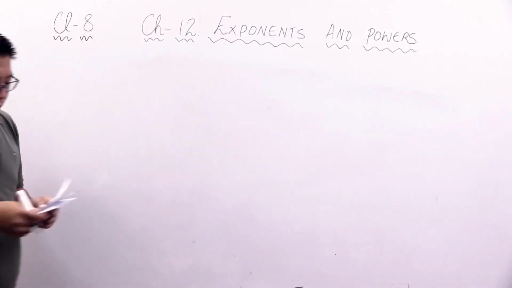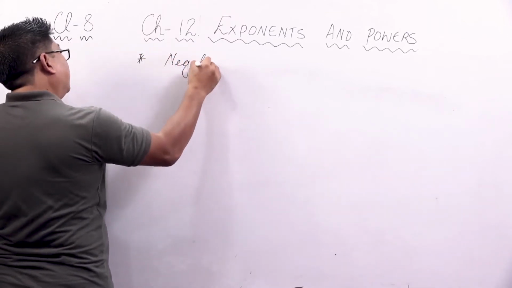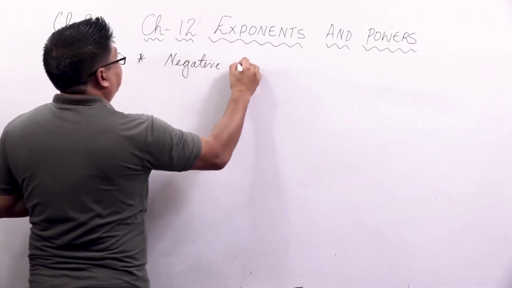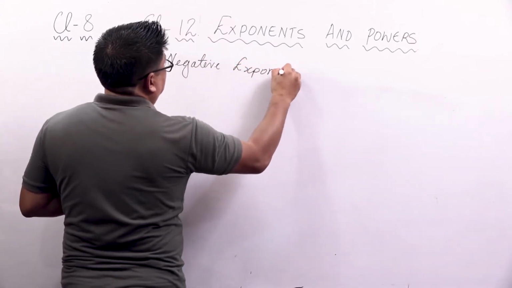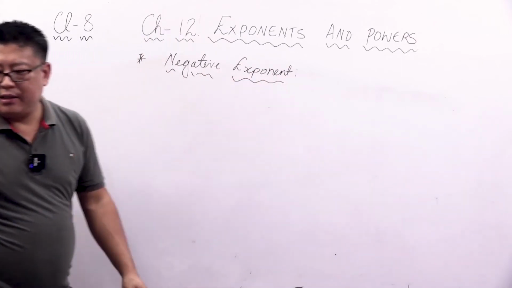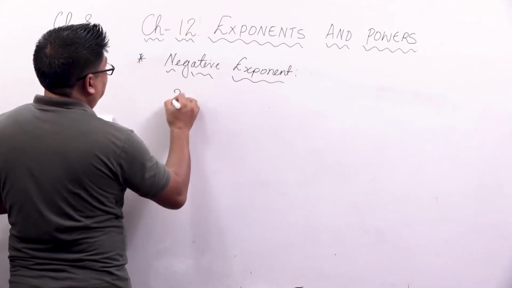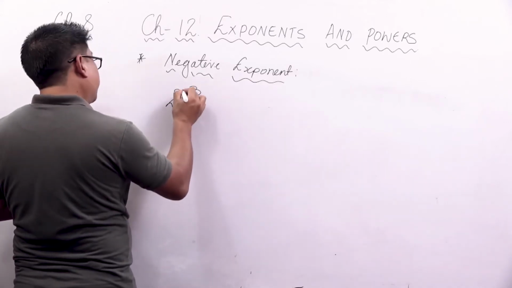Now today we will also learn about negative exponents. So negative exponent simply means exponents with a minus sign. For example, I have 2 to the power minus 3.